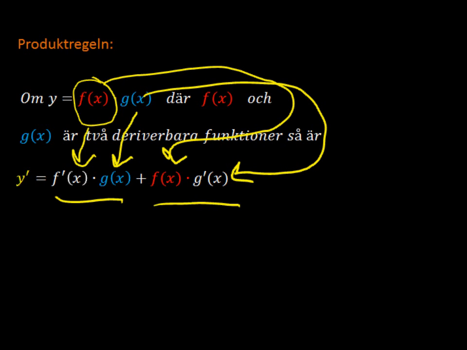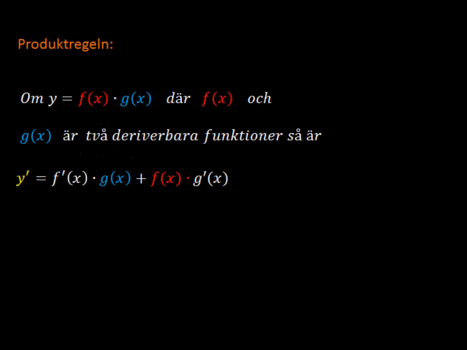So on each side, you're going to have the derivative of something. On the left side here, it's the f prime of x times the original g of x. Then you do plus, and then you say the normal f of x that we didn't change, multiplied together with the g prime of x. Now, it's getting a little bit messy there, so let me clean it up a bit.